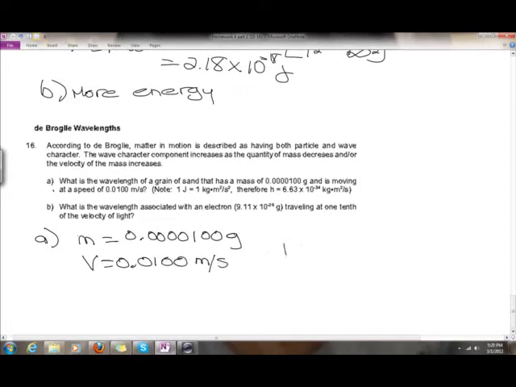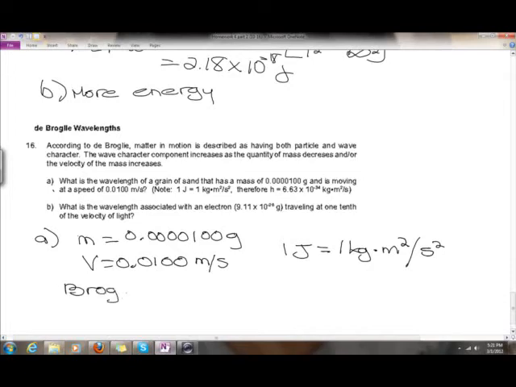By the way, 1 joule, don't forget that it says it here, is 1 kilogram multiplied by square meters divided by square seconds. And then it says, what is the wavelength?